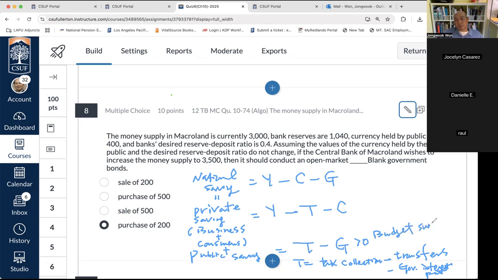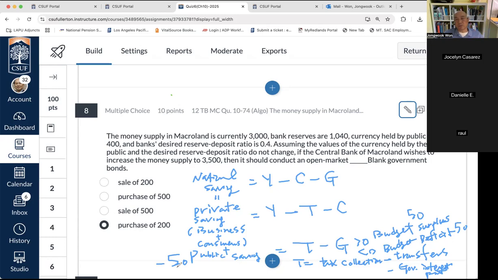Budget surplus means the US government has positive saving. If it's negative, we have a budget deficit. So the problem says budget surplus of 50 means public saving of 50. Budget deficit of 50 means public saving is negative 50. That's what I'm talking about.